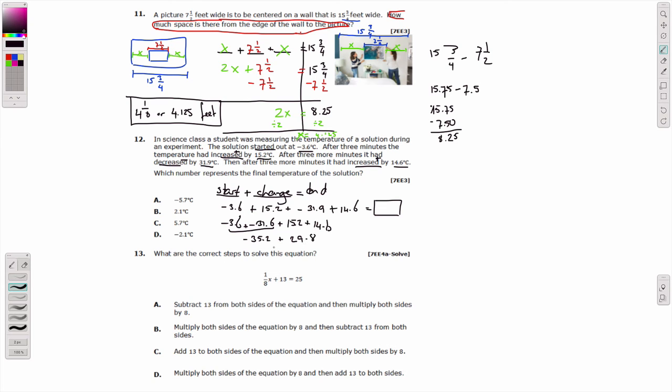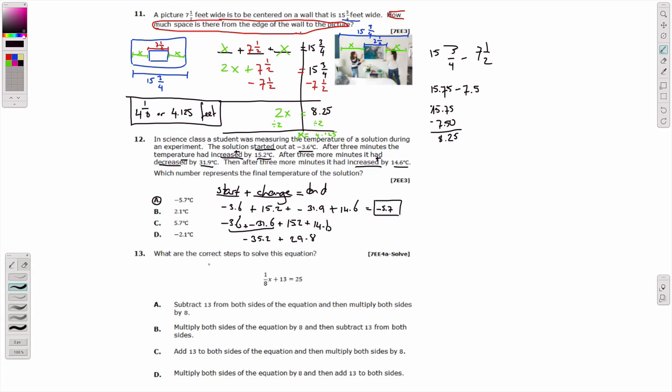Now I have to subtract because I have opposite signs, and the answer is negative because the negative number has greater absolute value, so the answer is negative 5.7. There is the correct answer, choice A.